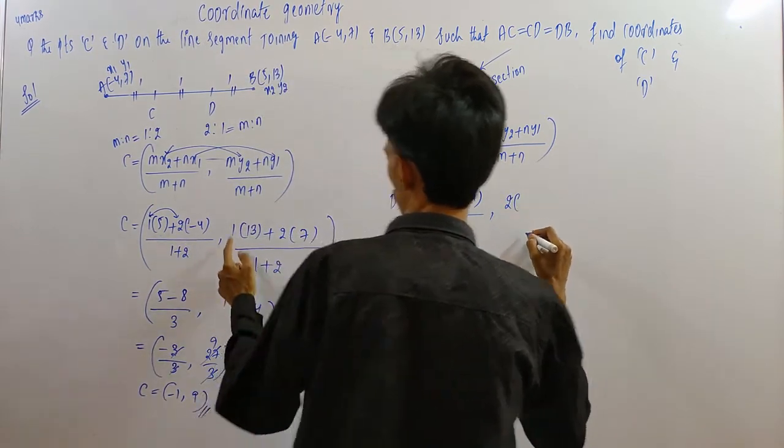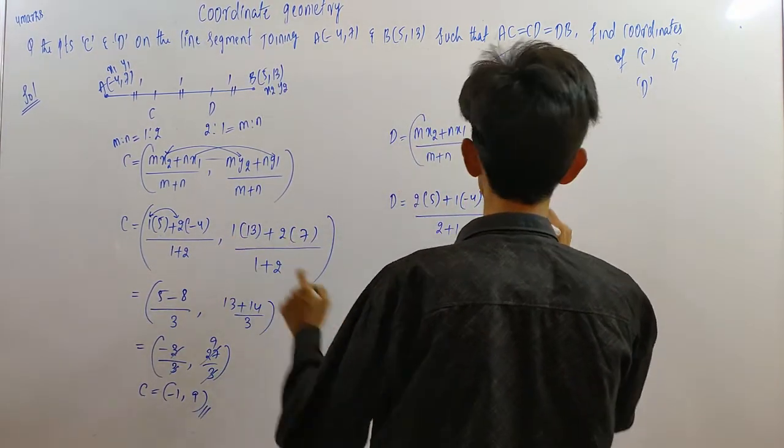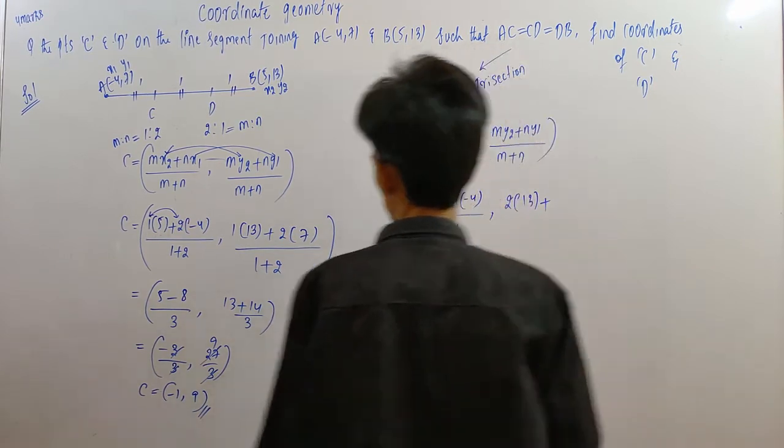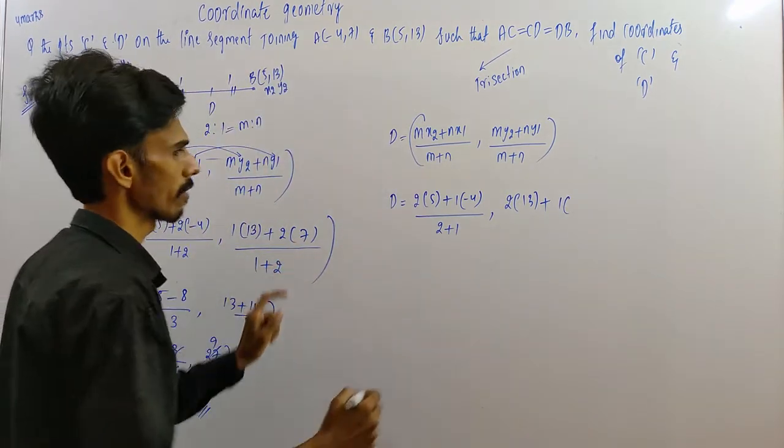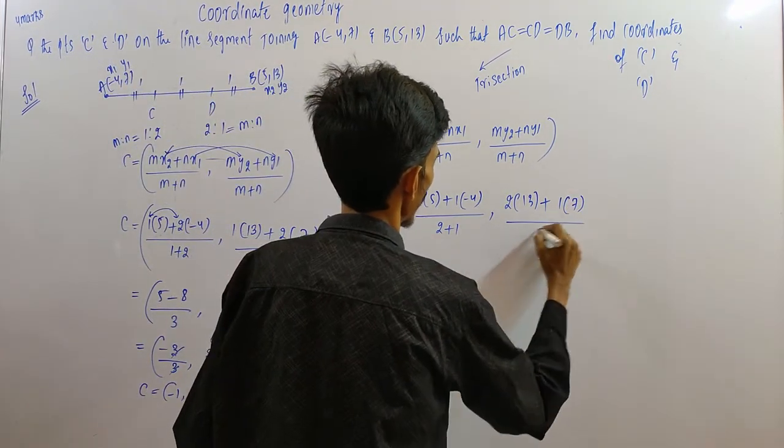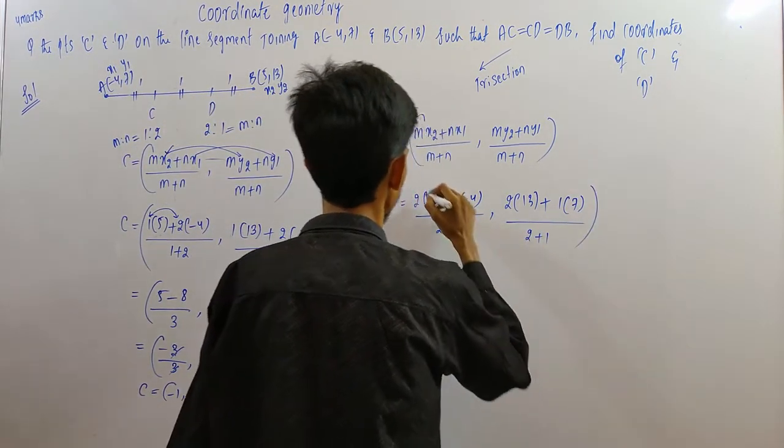Or 2 into 13 plus 1 into 7, divided by 2 plus 1.